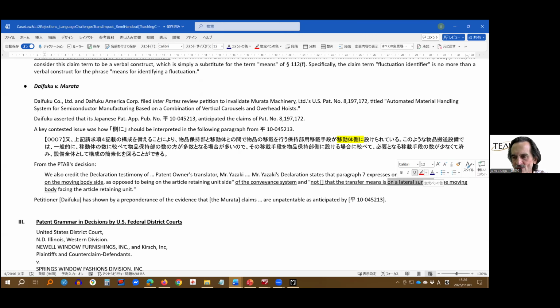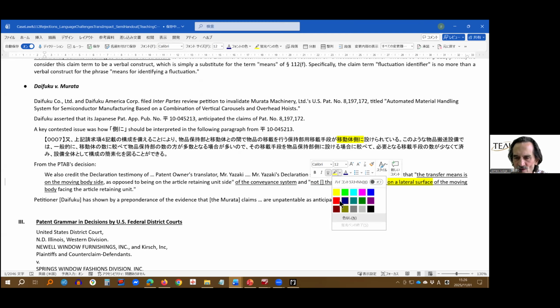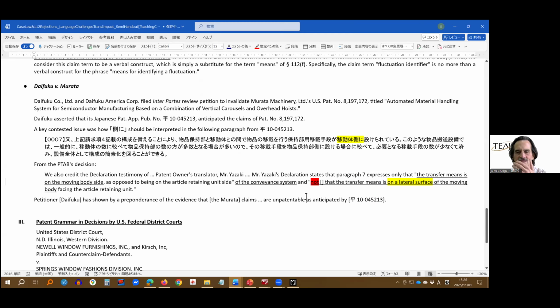So this "gawa ni" does not mean that it's on the surface, but it means it's disposed on the side of the entire system.